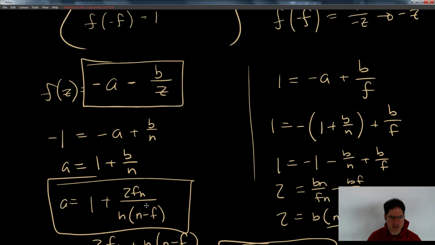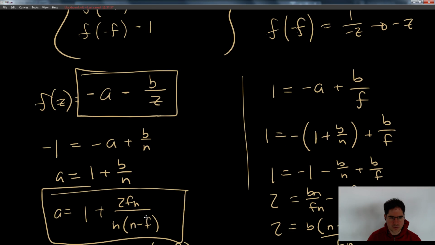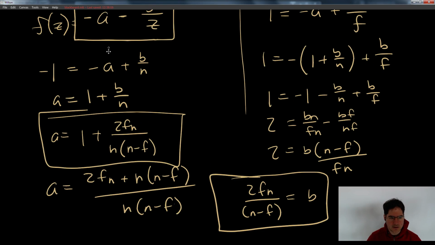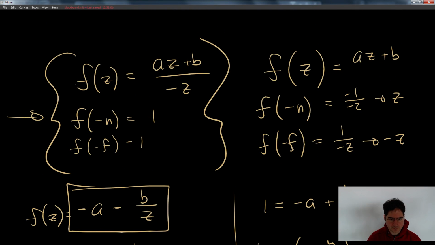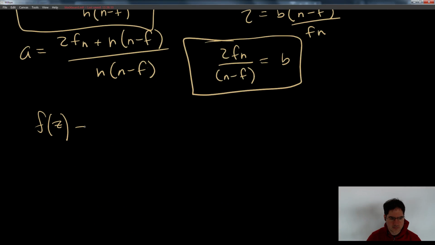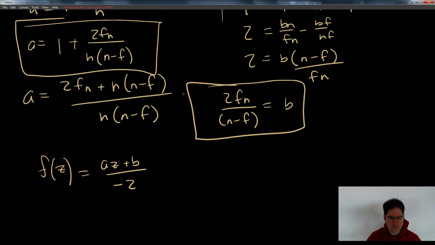But let's just double check again like we normally were before. So if we rewrite this equation, so we've got f of z equals az plus b over negative z. And these are the two we're using here.